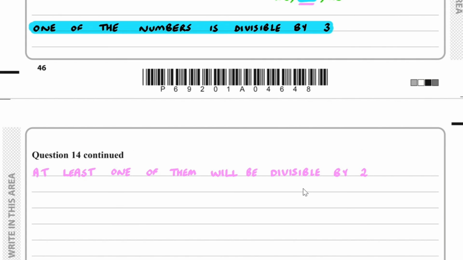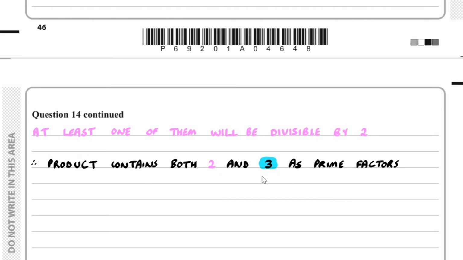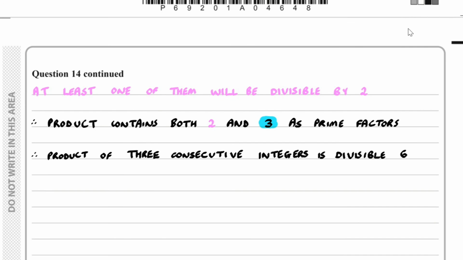So if one of the numbers is divisible by 3 and the other one is divisible by 2, the product contains both 2 and the 3 as prime factors, and because the product has 2 and 3 as prime factors, that means the product of 3 consecutive integers is divisible by 6.